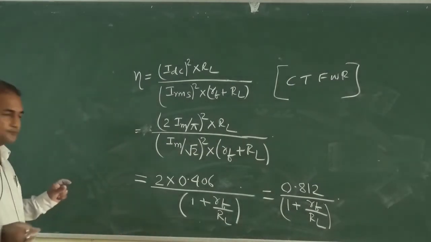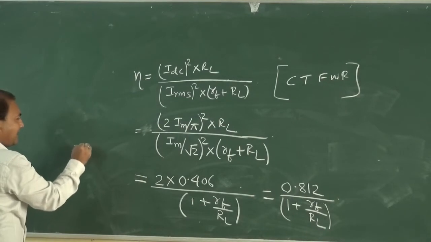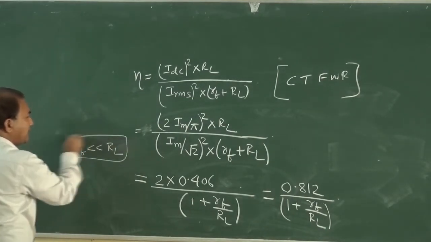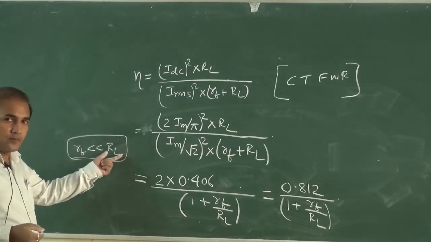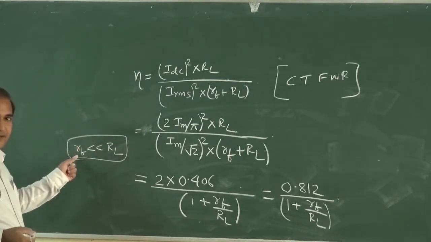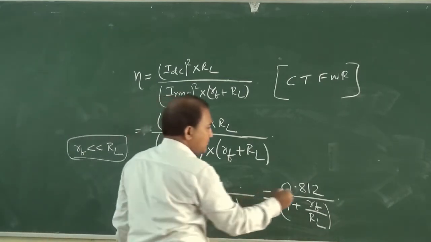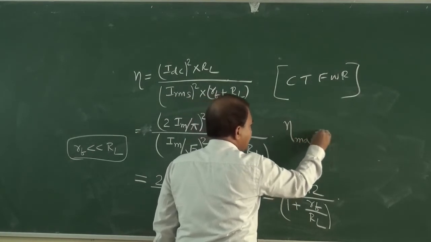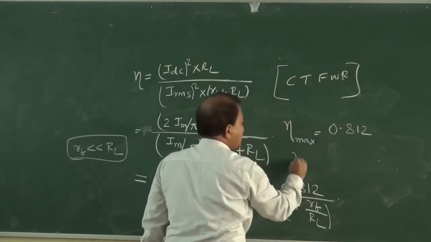Now in the general case, RF is very small as compared to RL. So if RL is very much more than RF, then we can neglect RF. So the maximum efficiency is equal to 0.812.